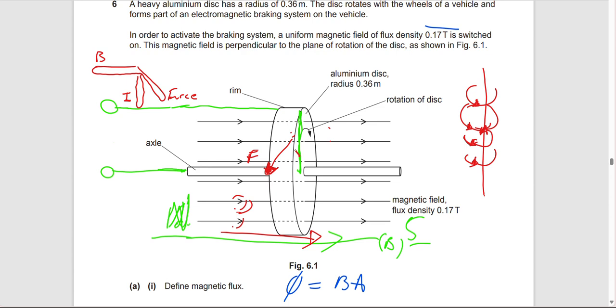And therefore, we've solved our problem. The current comes from the rim and goes to the axle, just like that.